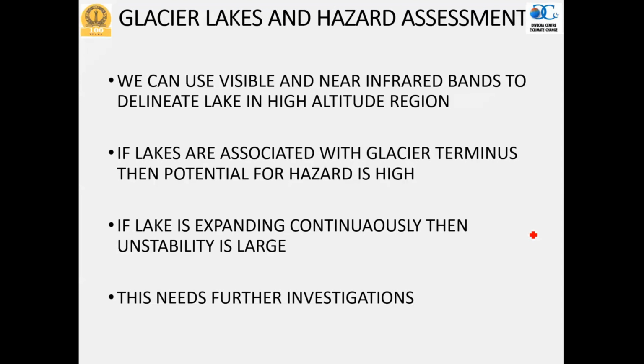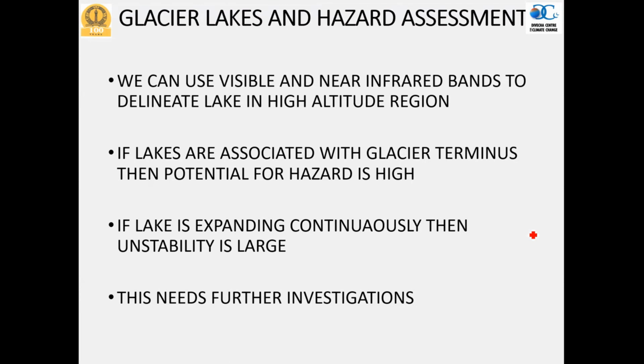Therefore, first we should see if lakes are associated with the glacial terminus, then potentially it can create a hazard. We should also study the lake. Is it expanding continuously throughout the last 30 years, or 10 years, 20 years, or whenever it was formed? If it is expanding continuously, then it is unstable, and we can study it further.